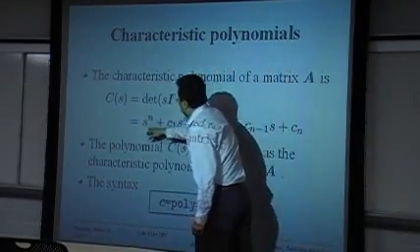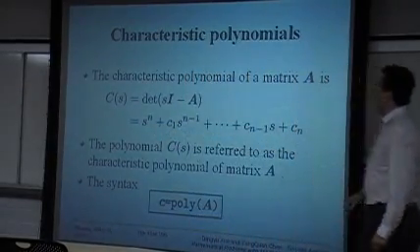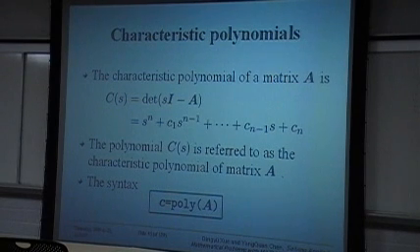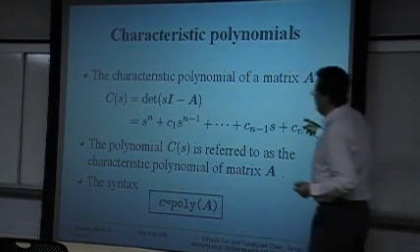Normally, if we want to express a polynomial in Matlab, what we need to do is to compose a row vector containing all the coefficients in descending order of S. So we can use this to describe the polynomial of a matrix.